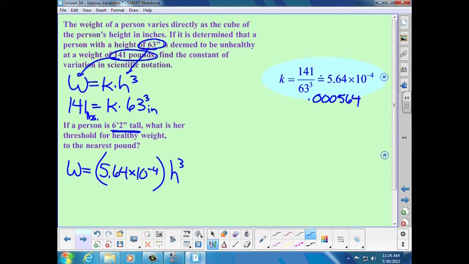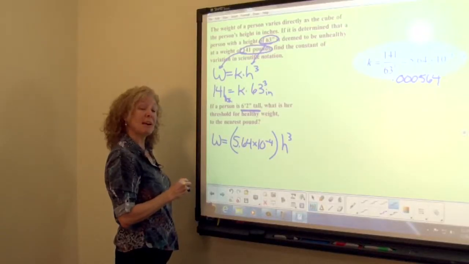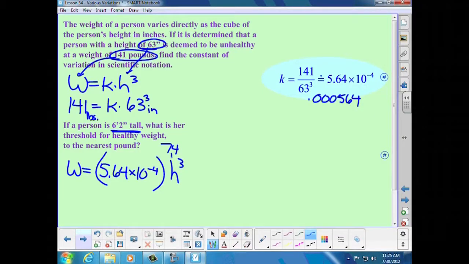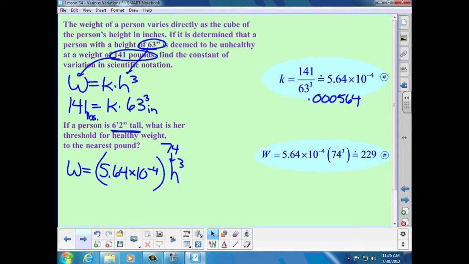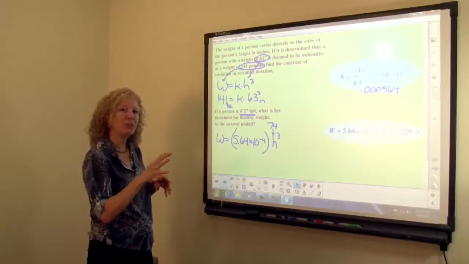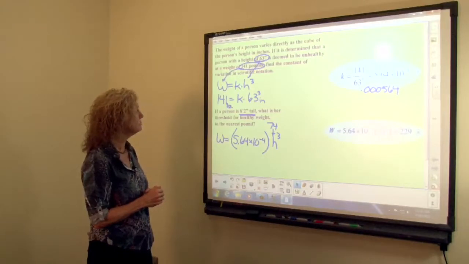So I need to stay consistent with my units. So 6 foot 2 is what, 74 inches? So I would put a 74 in here for my height, and then run that computation, and we would get a 229, and remember that would be in pounds. So for the 6 foot 2 inch person, 229 is around where a healthy weight limit should be.